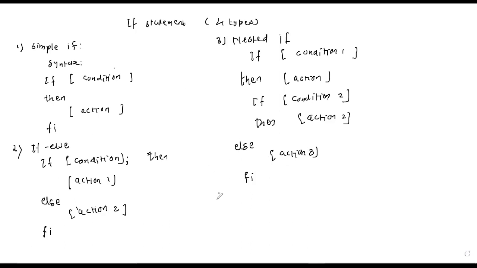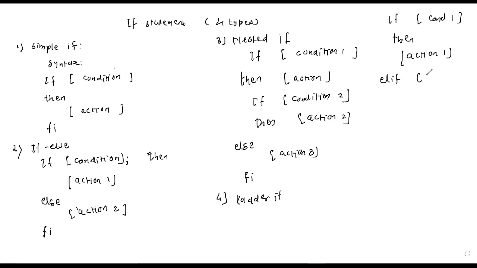The last one is ladder if. Here the syntax will be like this. We write if, we write condition 1, then action 1 takes place. Then elif: if this condition is not satisfied, then we go for the second condition.